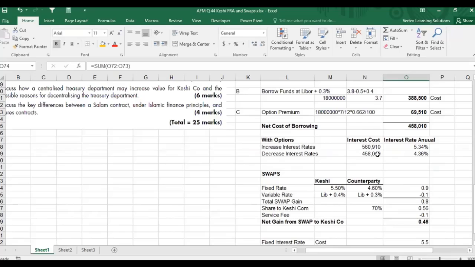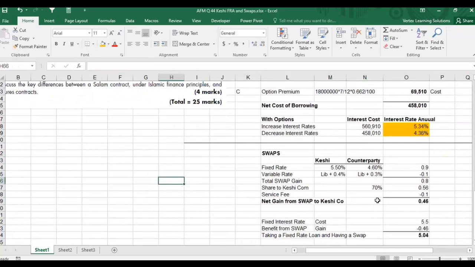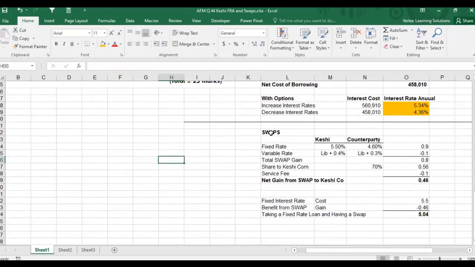So now you need to make a conclusion that in case the interest rate goes up by 0.54%, the net cost is 560,000, which means 5.34% with option. If the interest rate decreases, it will be 4.36%. This is with options. And the other option is that if they make a swap, the fixed rate will cost them 5.04.